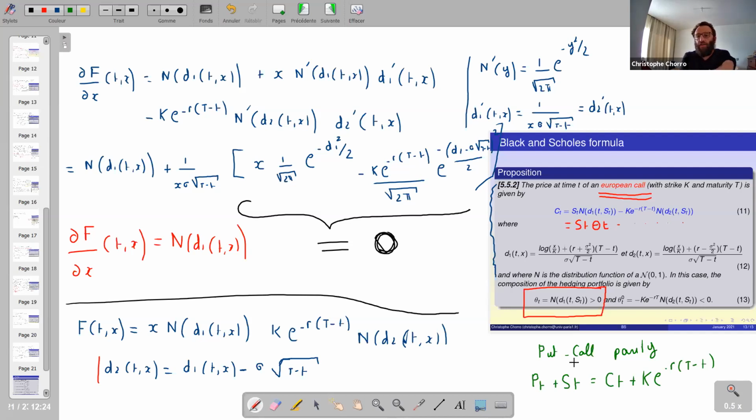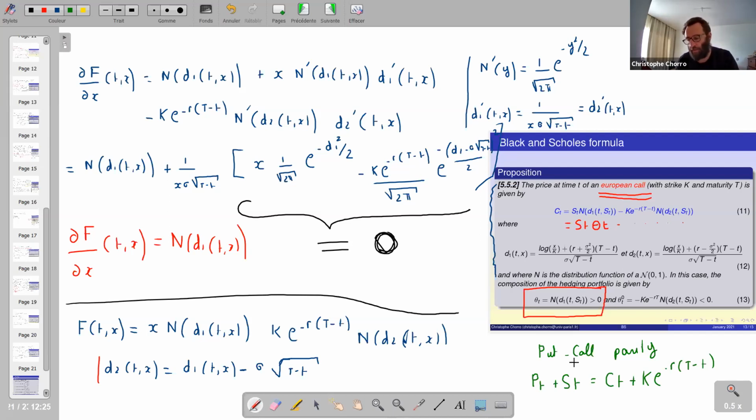So this is the Black and Scholes formula that gives you a closed form expression in order to obtain the price of a call or a put European option in the Black and Scholes model and the corresponding quantities of risky and non-risky assets to put in the replication portfolio.